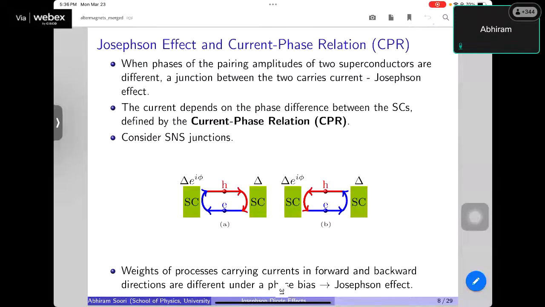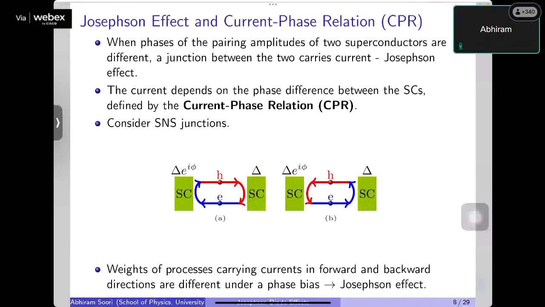And on the right side, I have a right moving electron and left moving hole, which carries a net current to the right side. When there is a superconducting phase bias, the weights of these two sets of processes are different. That is, left moving electron, right moving hole, and right moving electron, left moving hole carry different weights. That is the reason for this Josephson effect.